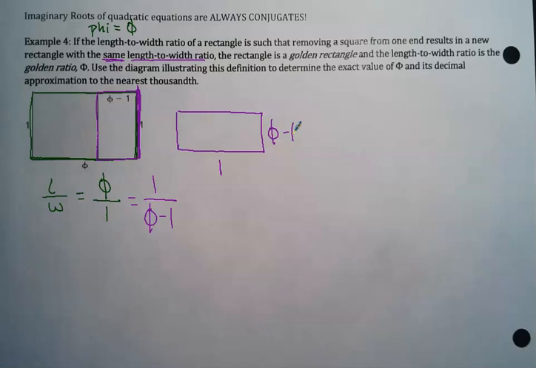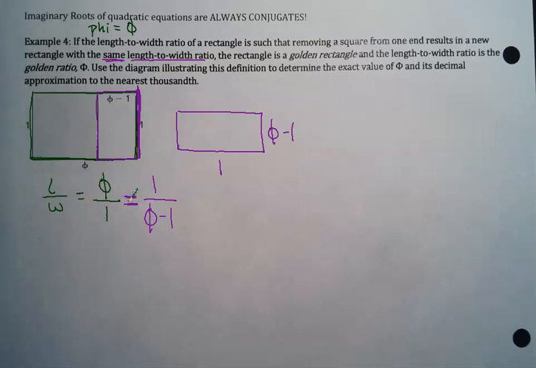So when we're talking about length, we have to keep the longest side as the length. Okay, so it has this ratio, which would be 1 over phi minus 1, which these two ratios do not look the same. But it's telling us they are the same, which is why we can put the equality sign or the equal sign between them.